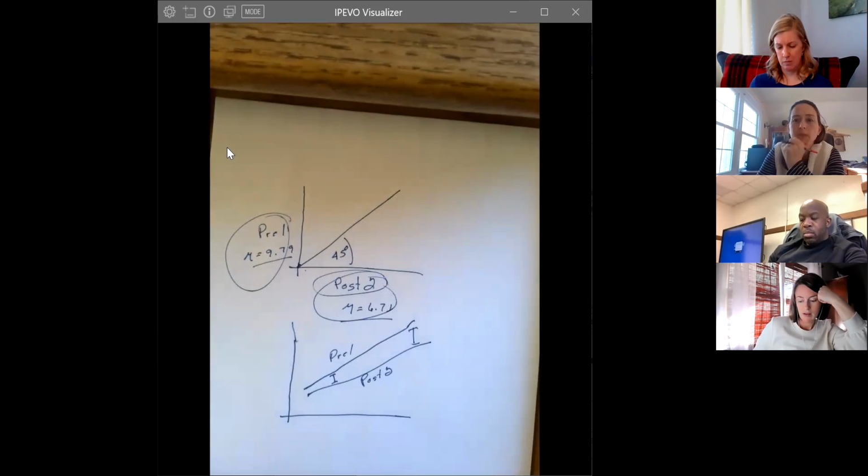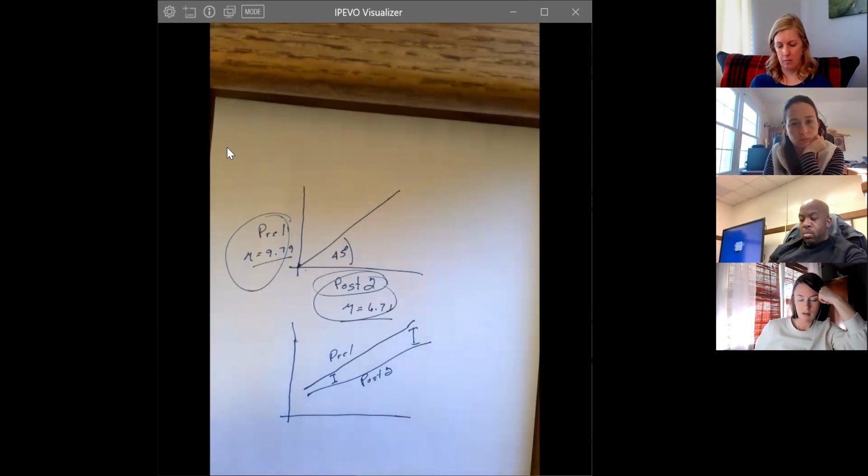They're two different means and two different standard deviations, and so when you plot it on one plot, it gets a little meaningless because of those two different things. And so you have to convert it to a common scale.